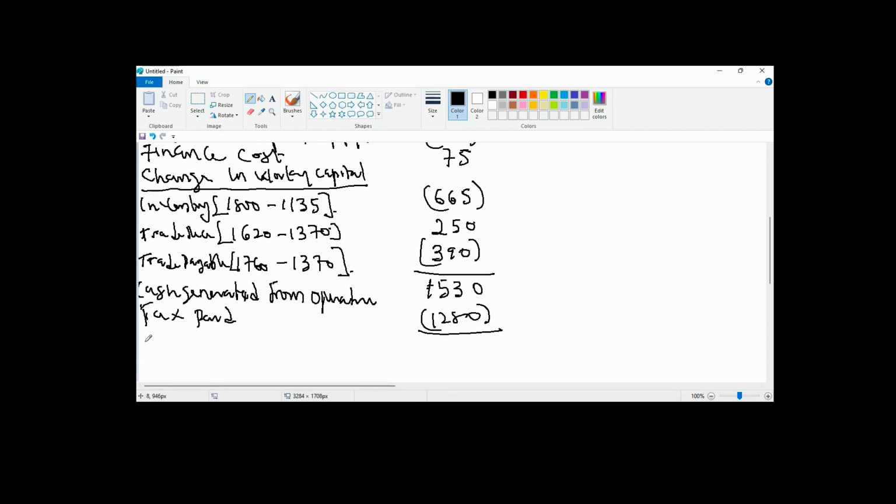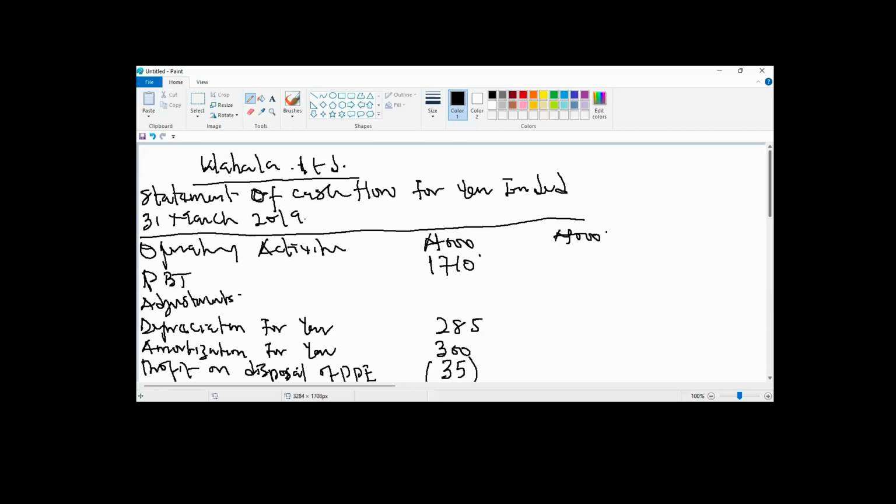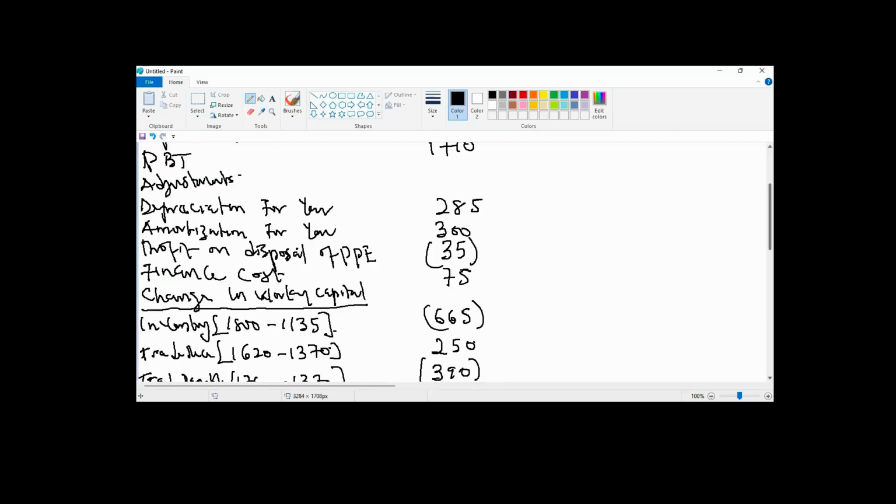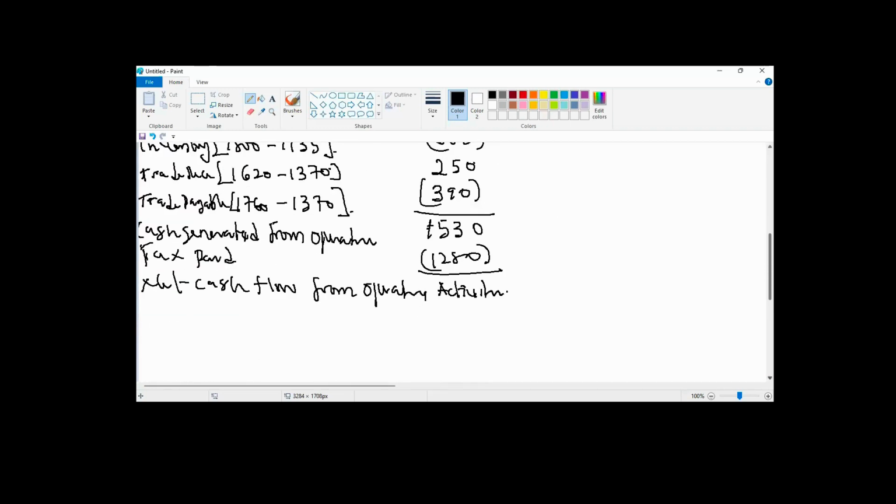This will now give me the net cash flow from operating activities. How much is the net cash flow from operating? That will now give me 250.